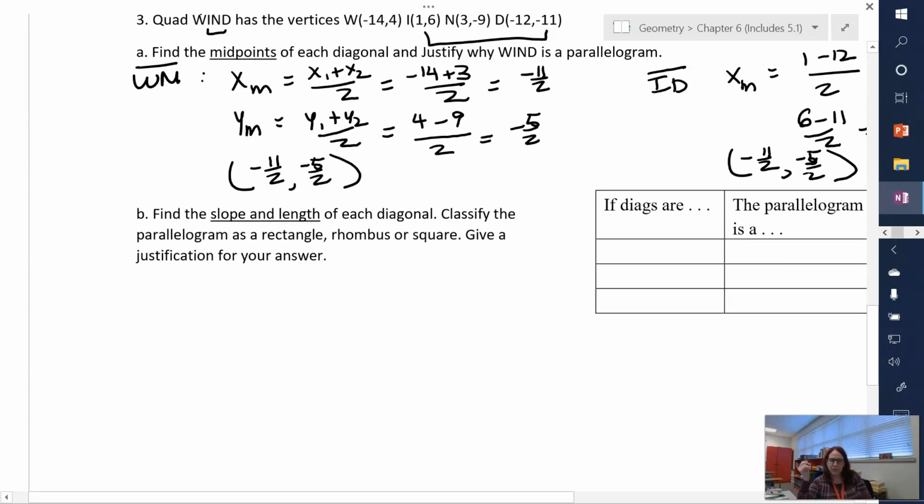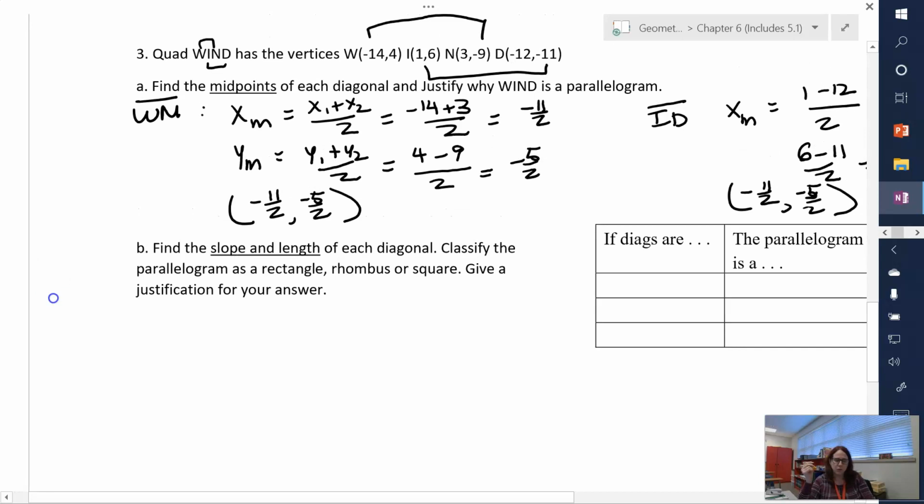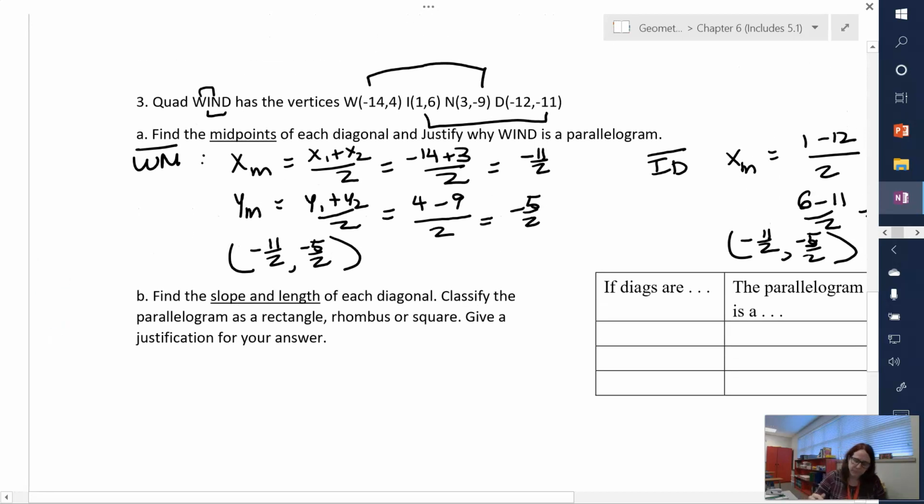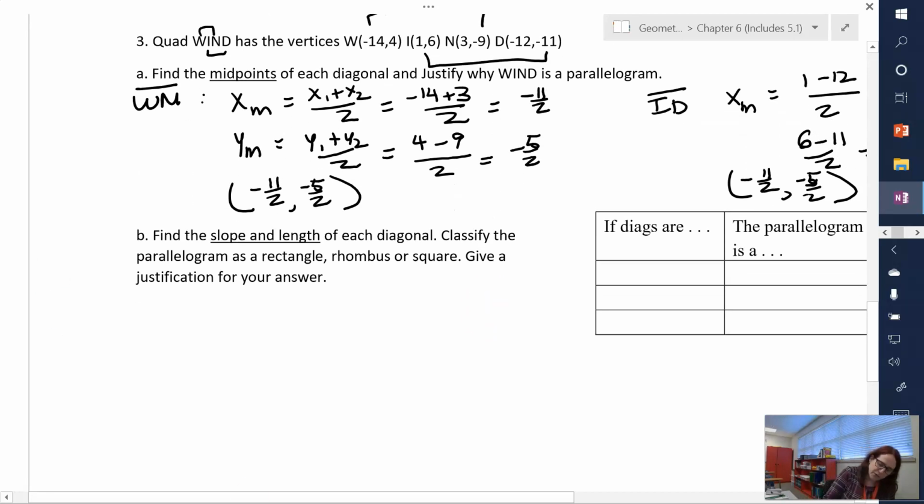Now it says find the slope and length of each diagonal. Classify as a parallelogram, rectangle, rhombus, or square. So first I'm going to do line segment WN, and I'm going to get my slope.